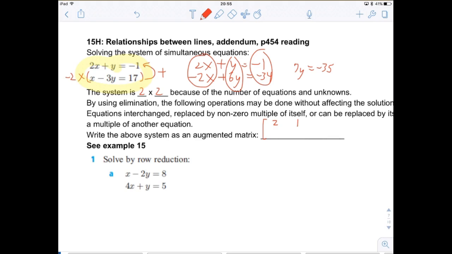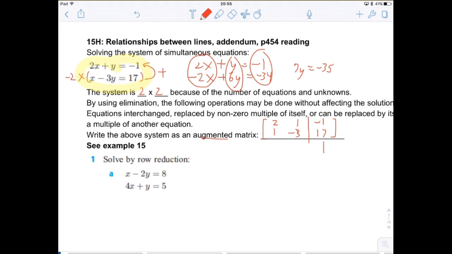So I would put 2, 1, 1, -3. You notice I did not put the x's here. I did not put the y's here, but you can see that those are the coefficients for the x's and the y's. Then I put a vertical line here to represent the equal sign, and then I put the right-hand constants on the right side. Okay, so this is my augmented matrix.